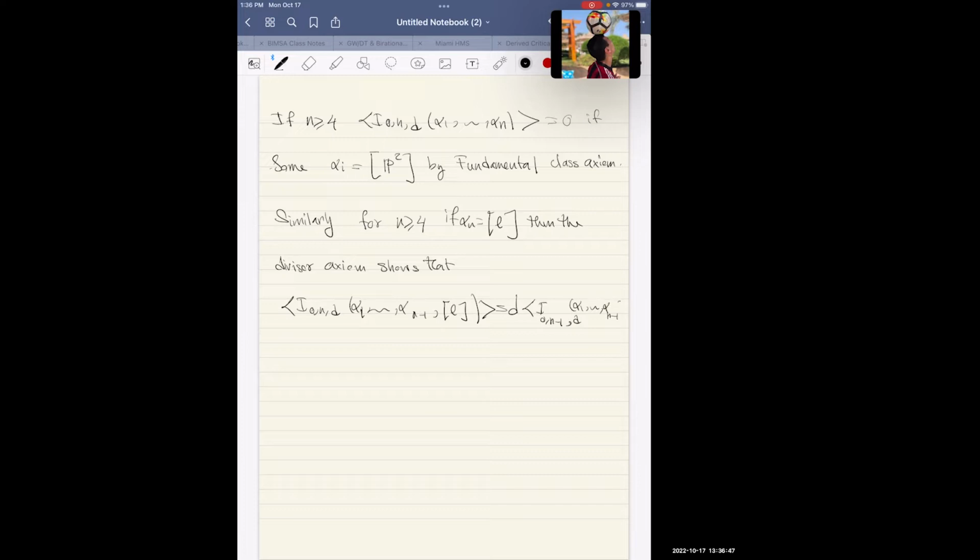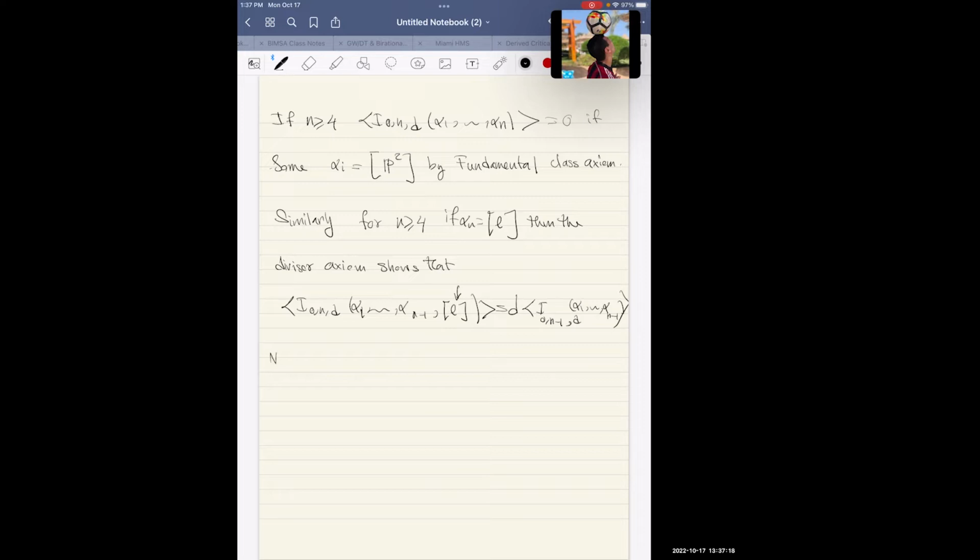If you look at your divisor axiom statement from last time, you will see that this is the case. This L is a divisor inside P2. So that's why, when you calculate, if it's a degree d divisor and you're intersecting it with a genus 0 curve, that's a line, by Bezout theorem, you will actually see they would have to have d points of intersection, and that's exactly that intersection.